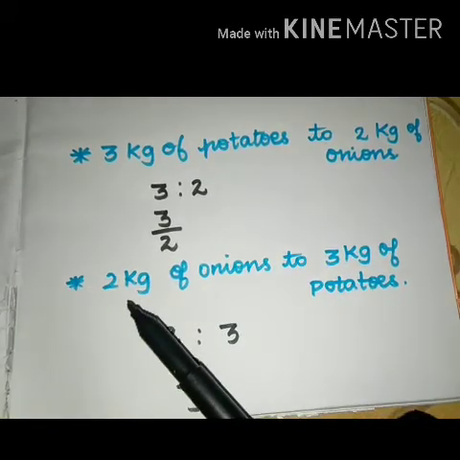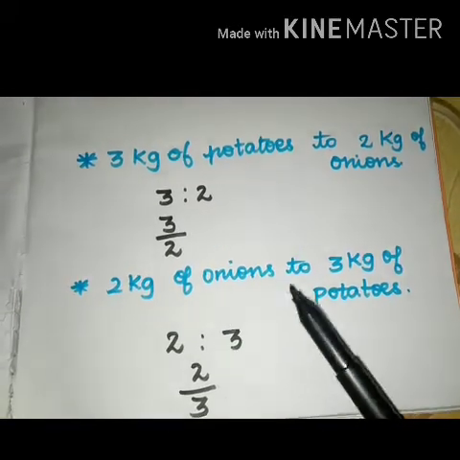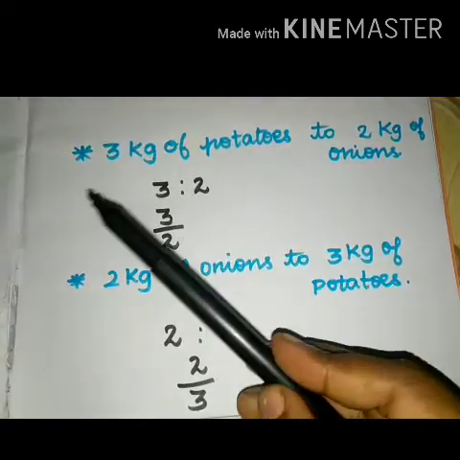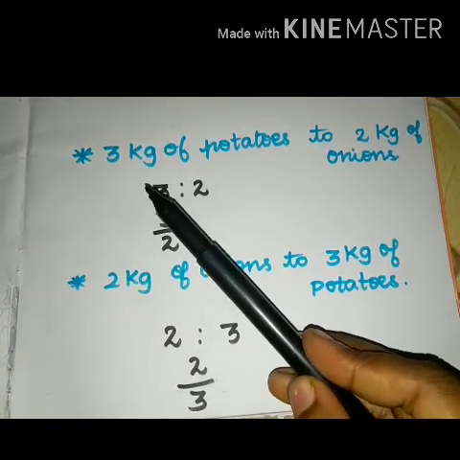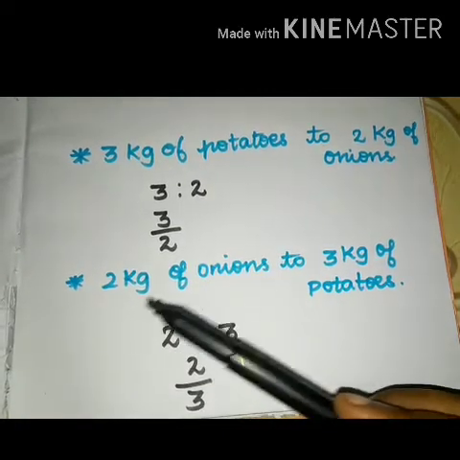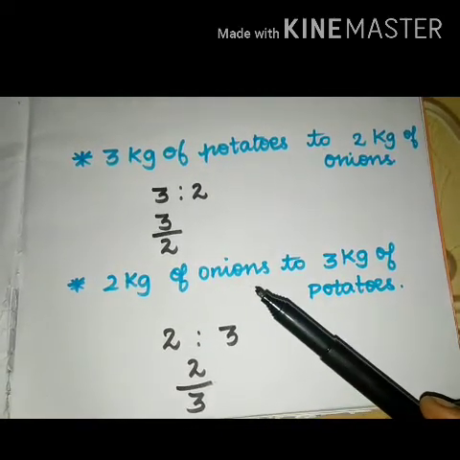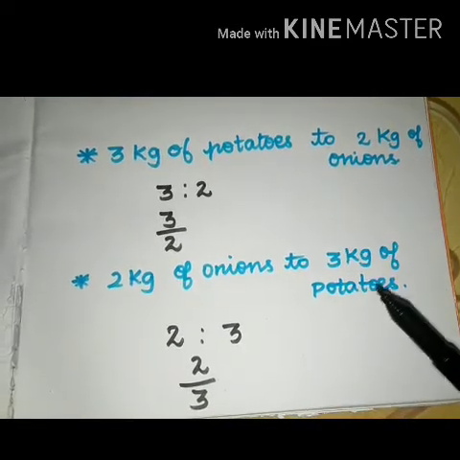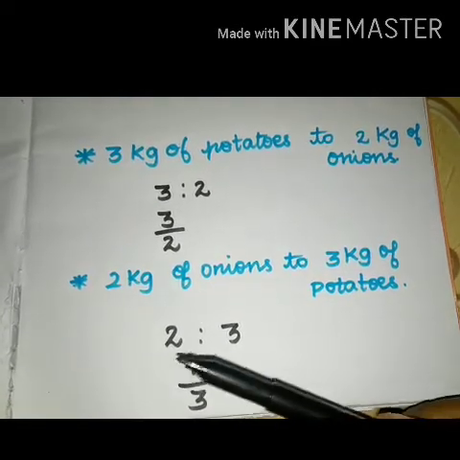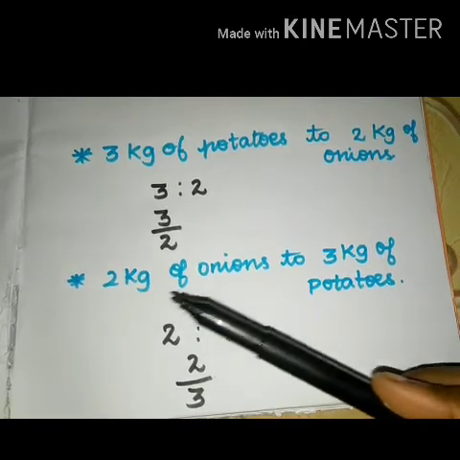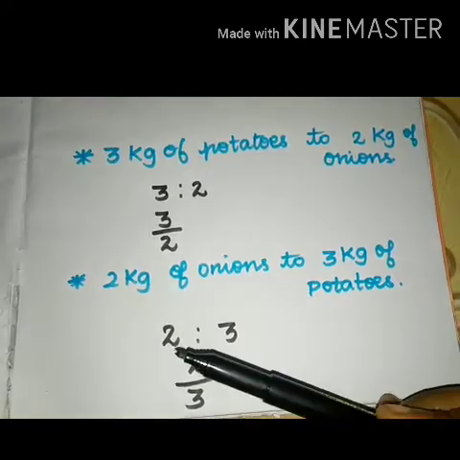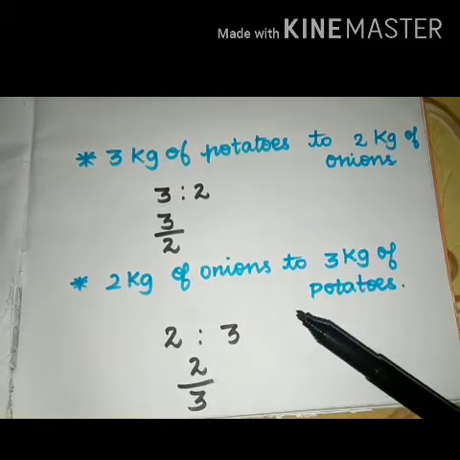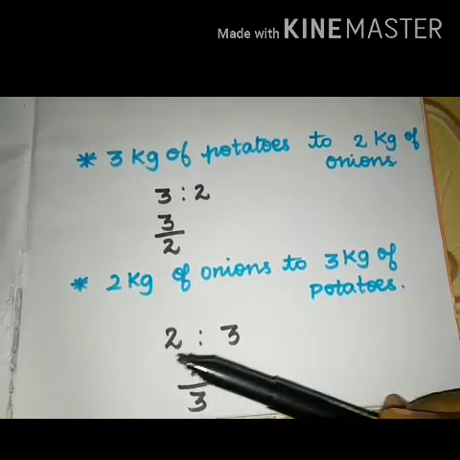See, in the next one, 2 kg of onions to 3 kg of potatoes. It is the reciprocal of the first one. Here, 3 kg of potatoes is given first, but in this one 2 kg of onions is given first. So you have to write 2, then 3 kg of potatoes, that is 3. 2 is to 3.